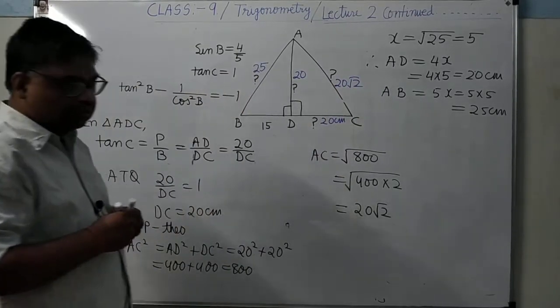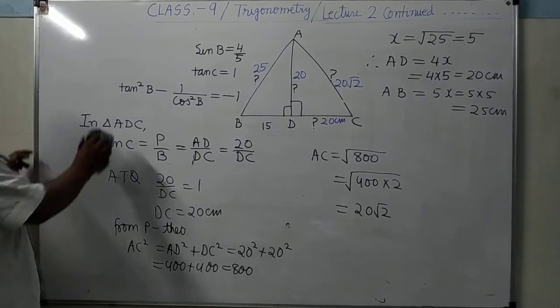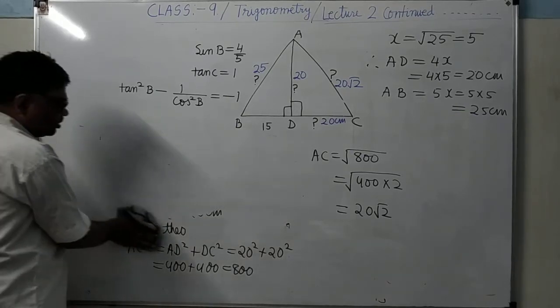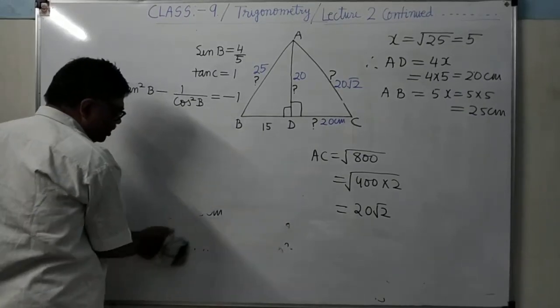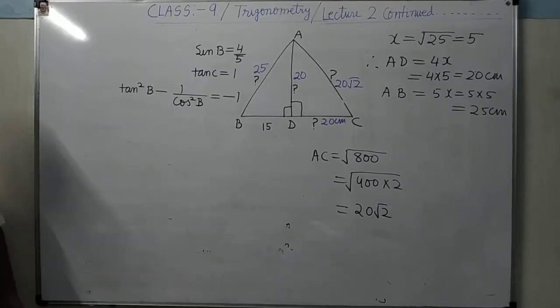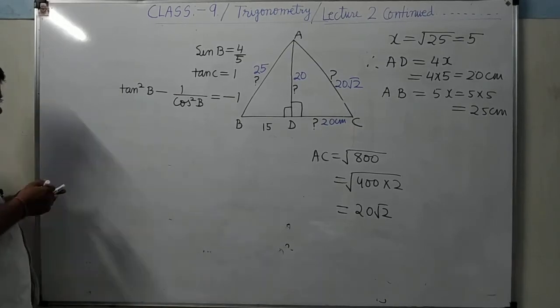Now after this, we have to show that this trigonometrical expression is equal to minus 1. Trigonometrical expression means an expression which contains the terms of trigonometry. It is clear?